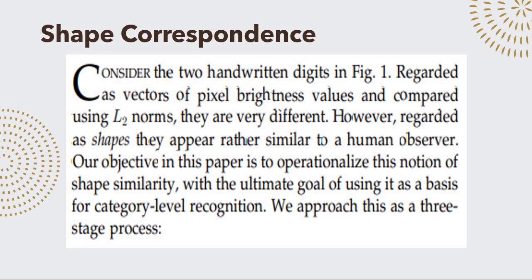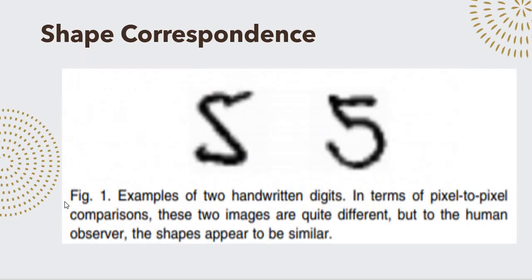To understand shape correspondence, let us consider one example. Two handwritten digits are there. If we are talking in terms of pixel comparison, these two handwritten digits are quite different.